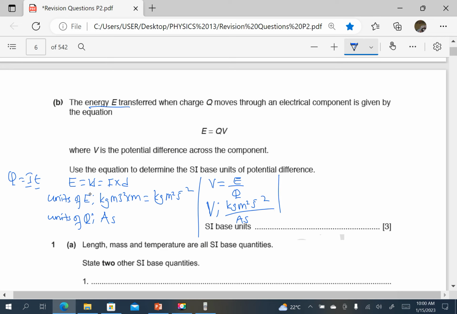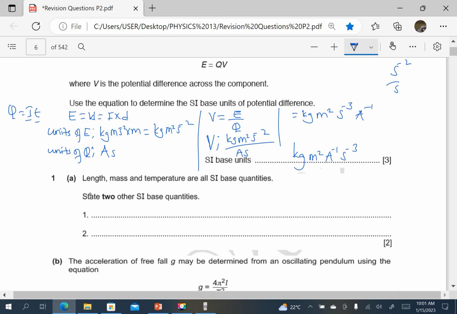And when you divide, this is going to be kilogram. Meters squared is still standing alone. s power negative 2 divided by s, we subtract the powers. So it becomes s power negative 2 minus 1, which becomes s power negative 3. Then 1 over ampere becomes per ampere. So the answer here will be kilogram meters squared per ampere per second cubed.